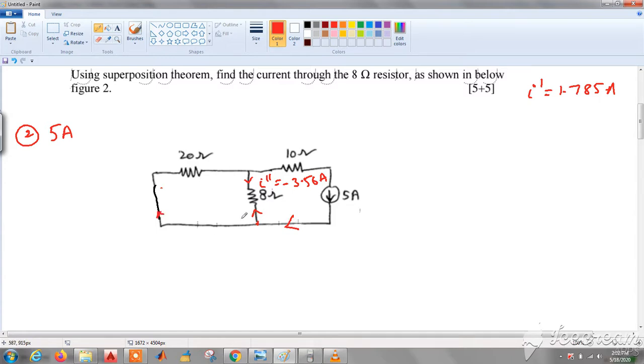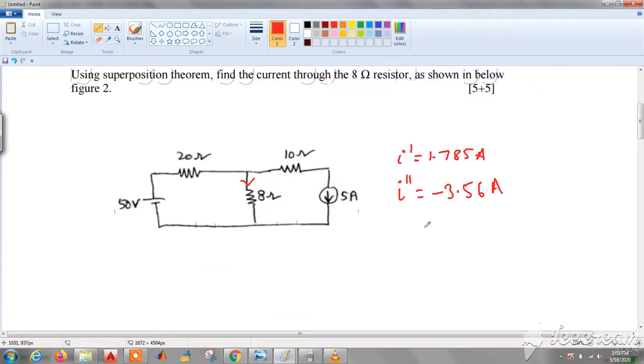As I said earlier, whether you consider the first source or the second source, you always have to take the same direction of current flowing through the load, that is through the 8 ohm resistor. Now we have calculated the currents by taking individual sources. According to the superposition theorem, to find the current I in the original circuit, we just add them: I dash plus I double dash gives the current I.